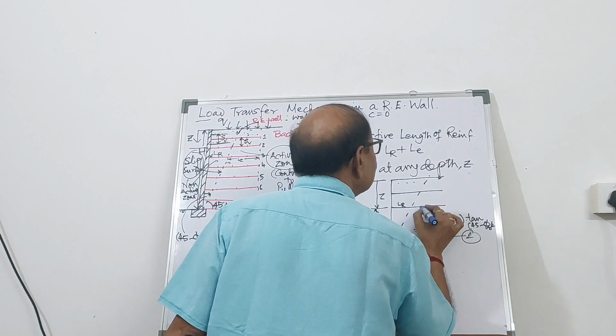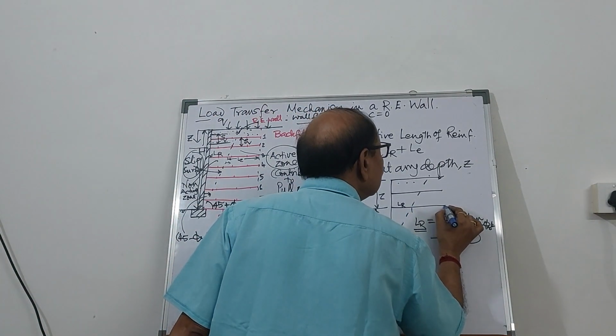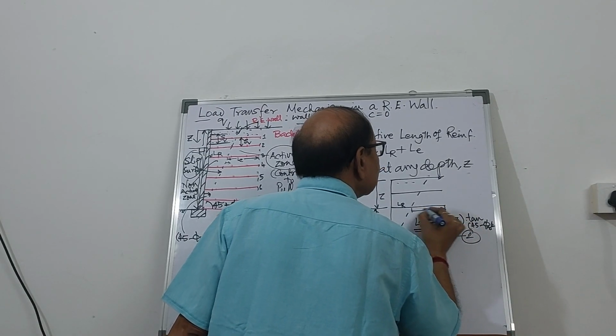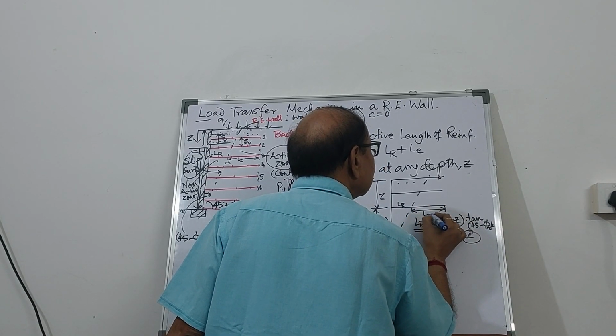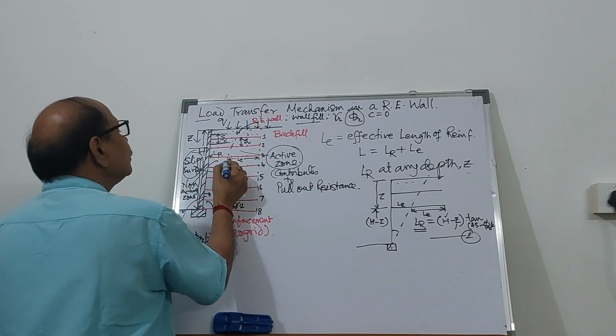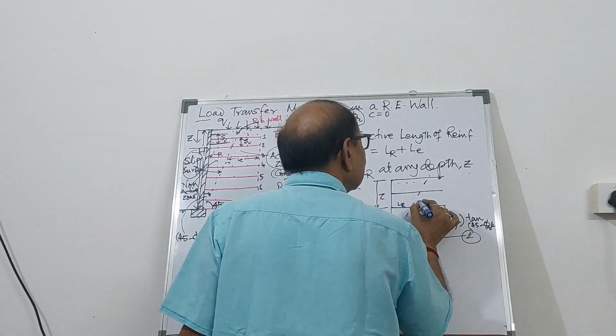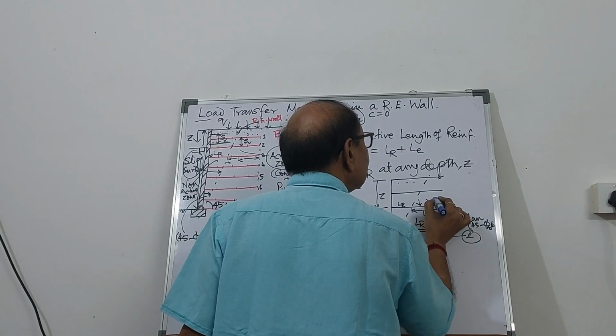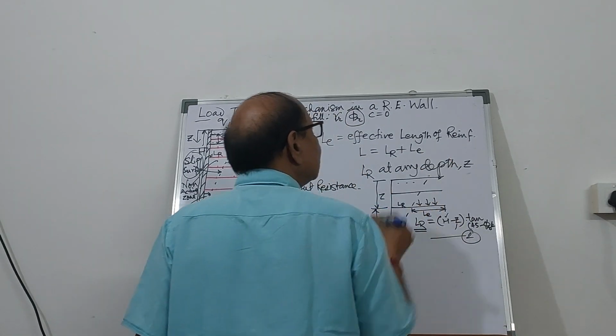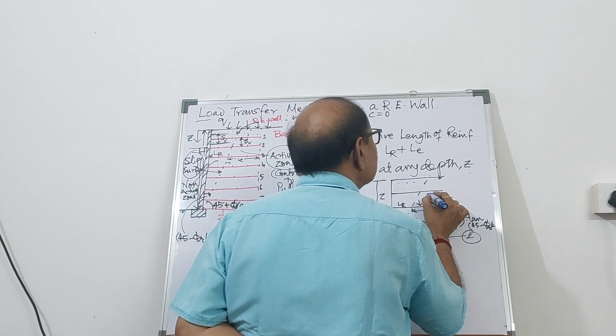Now LE is this one from here to here. This is the length in active zone. So as I have shown you. Now what is the total vertical pressure?